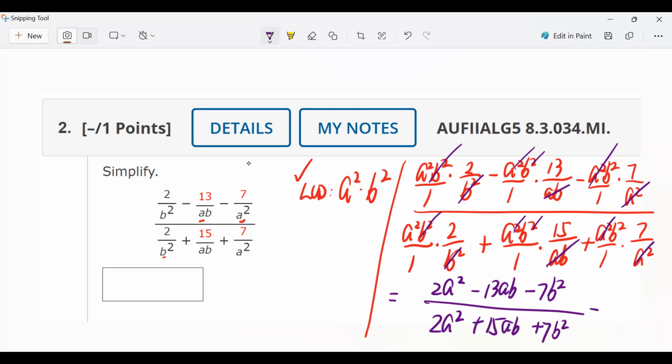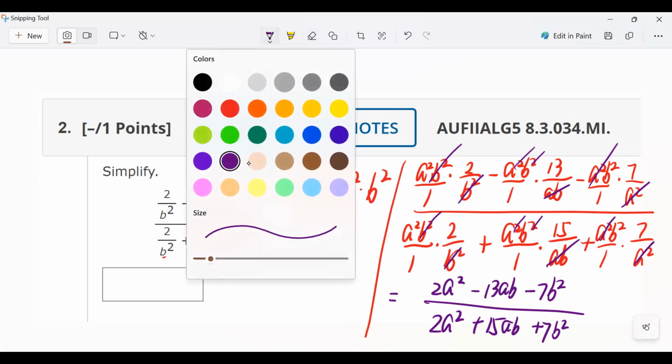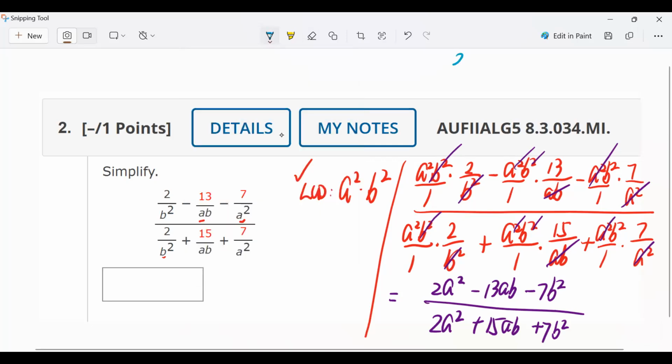And if you notice, this is still factorable, so we factor a little bit more. For the first term, 2A and A on top. And then for 7B squared, we're going to put minus 7B here and plus B here.